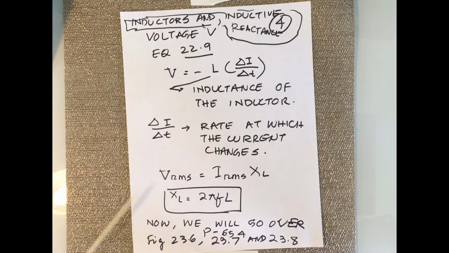So we can write it the same way, where XL will be replaced in that equation: VRMS equals IRMS times XL, where XL is defined to be 2 pi fL.